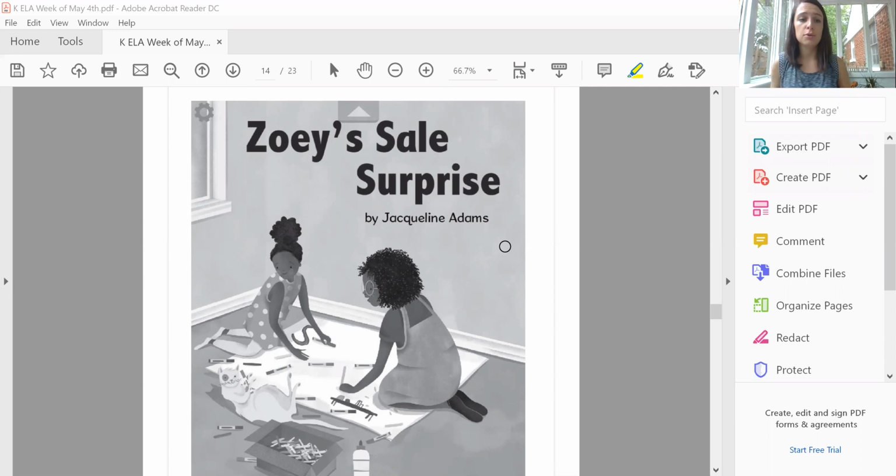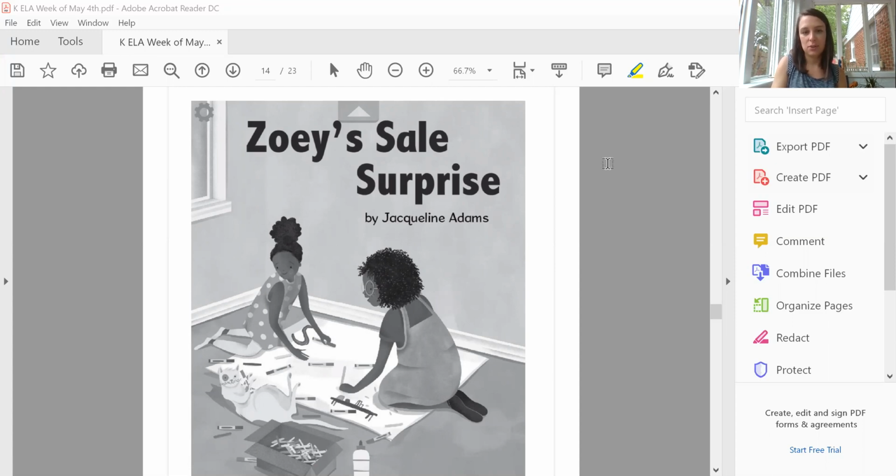She wanted a pet so bad, and she ended up getting a cat. There's her pet cat. Today we're going to read about how Zoey starts to plant some seeds for a plant sale, but she doesn't remember what seeds she planted. We're going to find out how she turns that problem into a solution.